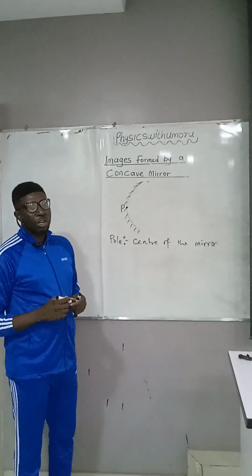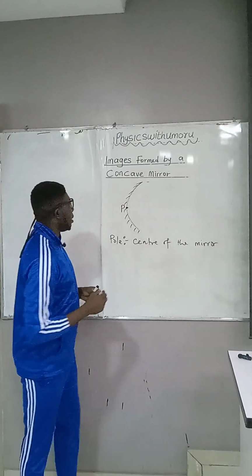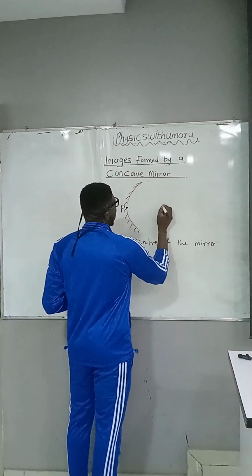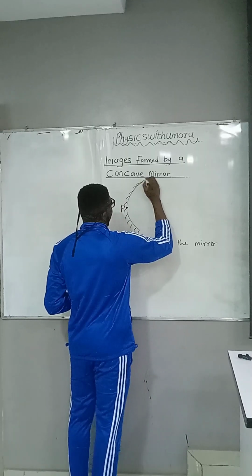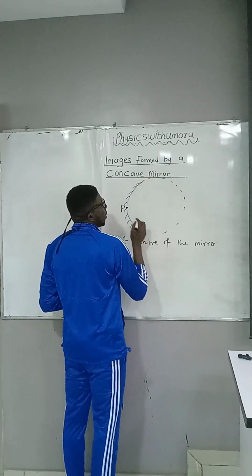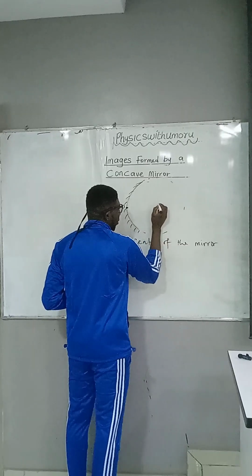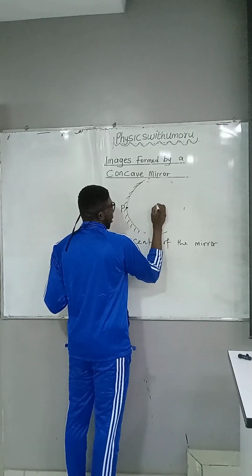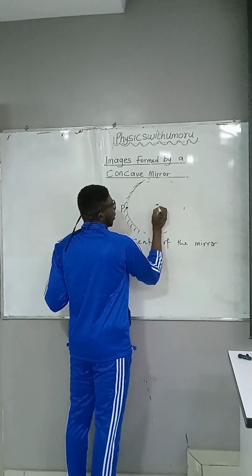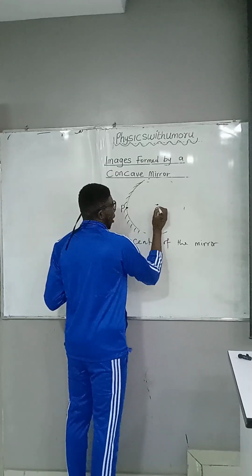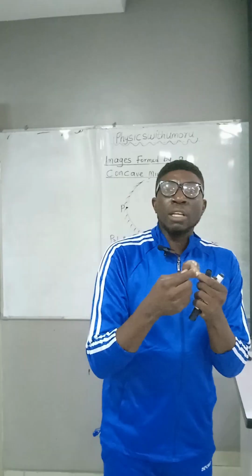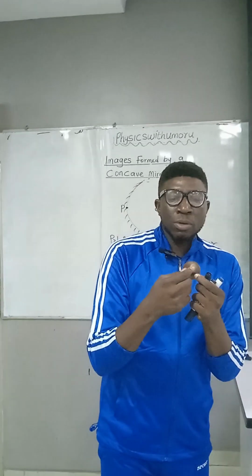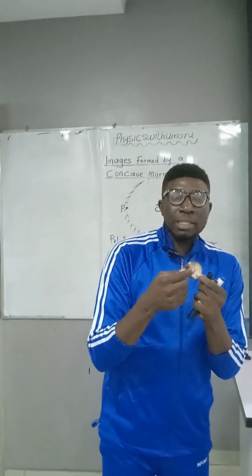The next part we are going to be looking at is the center of curvature. If I complete this now, you notice that the center of the mirror is somewhere here. Now, when you look at this, the center of the curved part of this mirror is what we call the center of what?